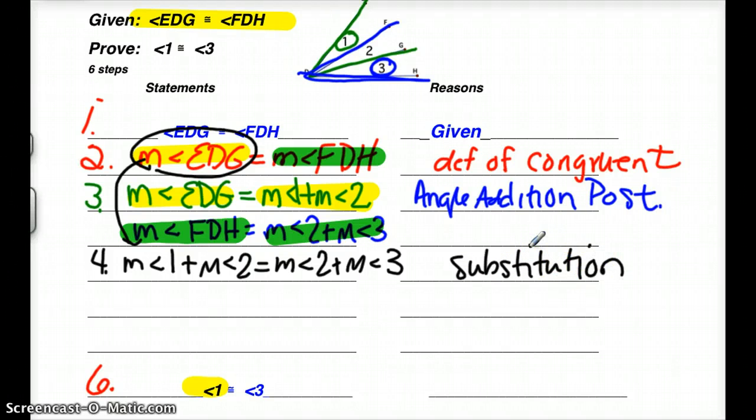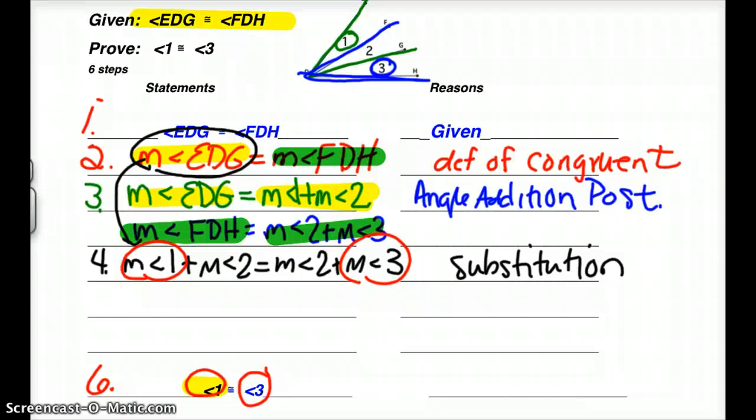Okay, now I'm going to look down at the bottom at number 6. I see I have 1 here, and I have 1 and 6, my last step in my proof. I need to have 3 on the right, and I have 3 on the right there. So at this point I need to get rid of my measures of 2. How can I get rid of my measures of 2?